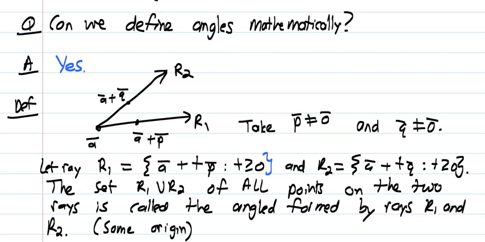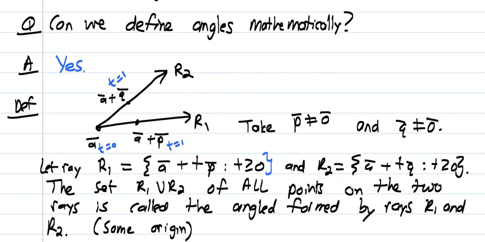You can see, if t is 0, you get point A, and if t is 1, you get point A plus P. Ray 2 is a set of points of the form A plus tQ, where again, the parameter t is greater or equal to 0. Again, if t is 0, you get point A, and if t is 1, you get the point A plus Q. So both rays originate from the same starting point, which is point A.